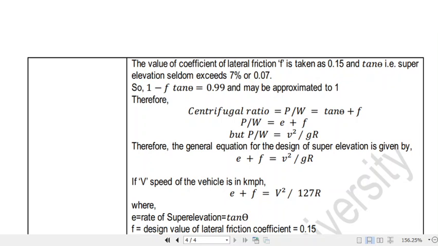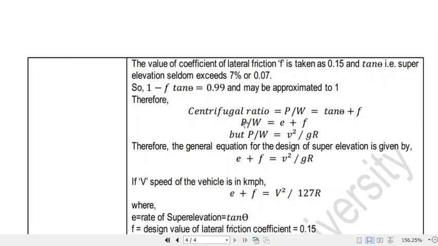Hence, the value of F tan theta is about 0.01. Thus, the value of 1 minus F tan theta is equivalent to 0.99 and may be approximated to 1. So therefore, the centrifugal ratio P by W is equal to tan theta plus F.